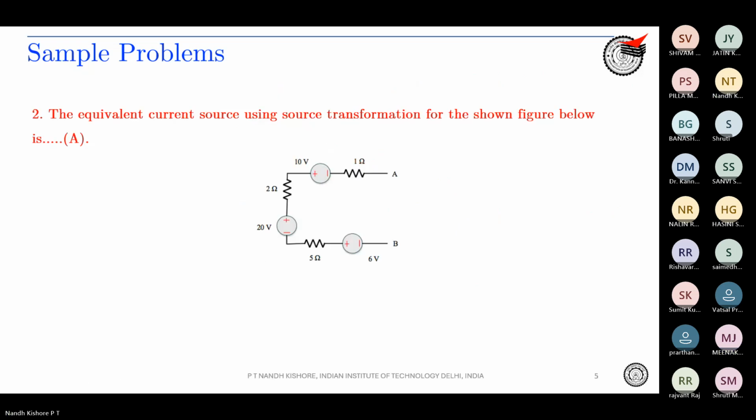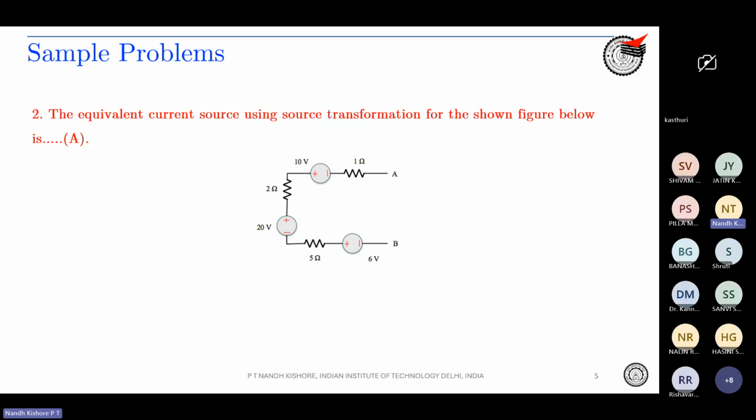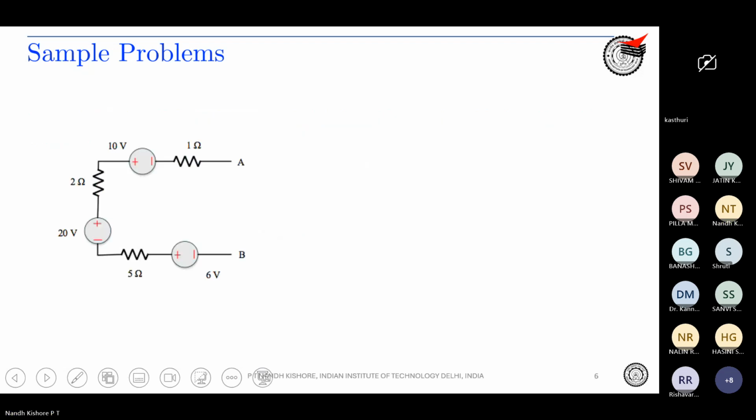The equivalent current source using source transformation for the shown figure below is dash. A figure is shown, and they have asked what the equivalent current source would be. Again, this is a very simple question. You look from this terminal and find the V equivalent, or V Thevenin.